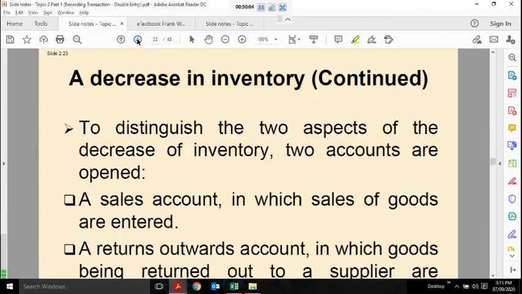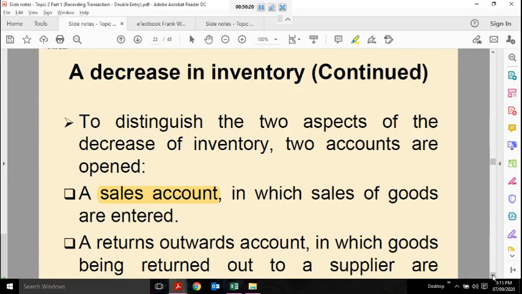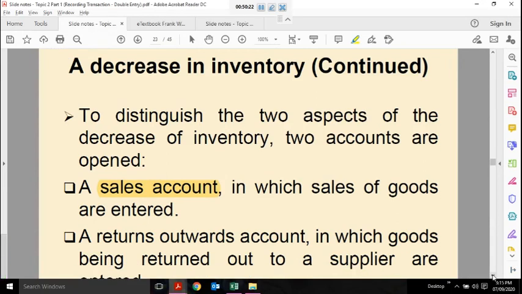This applies the same concept as the increase in the inventory, because we have two reasons that decrease the inventory. Because of that, we will open two accounts in order to differentiate these two causes. If your inventory is decreased because your customer buys from you, you sell to your customers, you open a sales account.